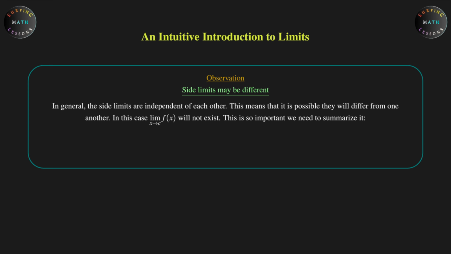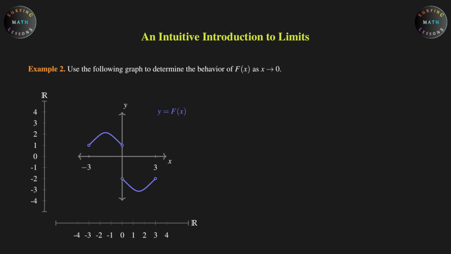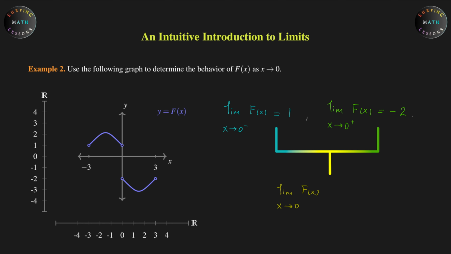In the case of example 2, we concluded that f of x approaches 1 as x approaches 0 from the left, and f of x approaches minus 2 as x approaches 0 from the right. Hence, in this example, neither f of x clusters around a point, nor was f of x constant as x approaches 0. By our new definition, the limit of f of x as x approaches 0 does not exist.